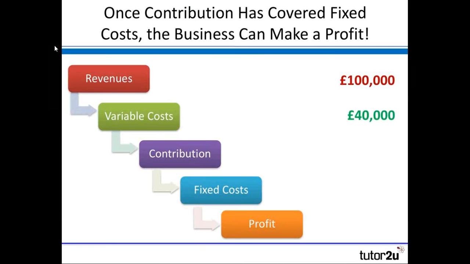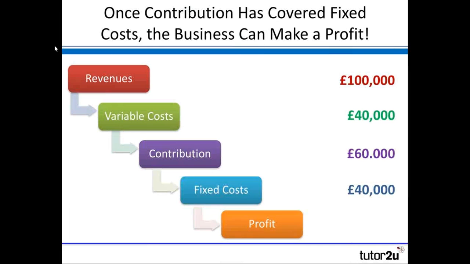My variable costs, for example, maybe the goods that I buy from my suppliers, maybe my raw materials, my variable costs for those revenues are £40,000. Now, if you take revenues and take away variable costs from revenues, you get to what's known as contribution, which is £60,000. So £100,000 less £40,000 creates this contribution of £60,000, which I'm hoping will be enough to cover my fixed costs.